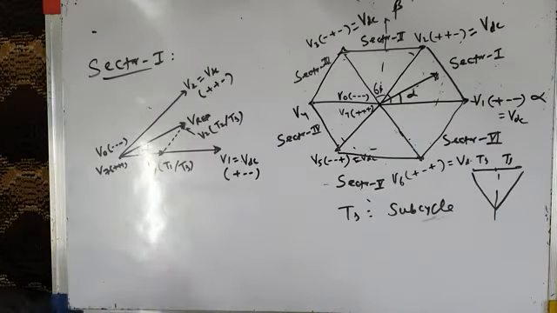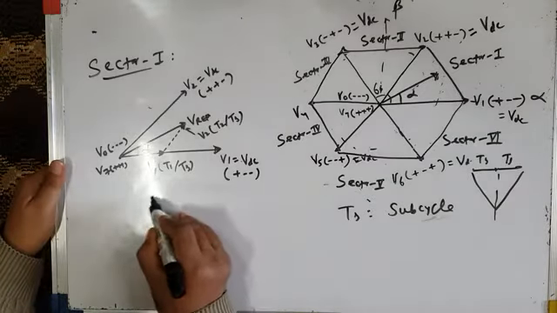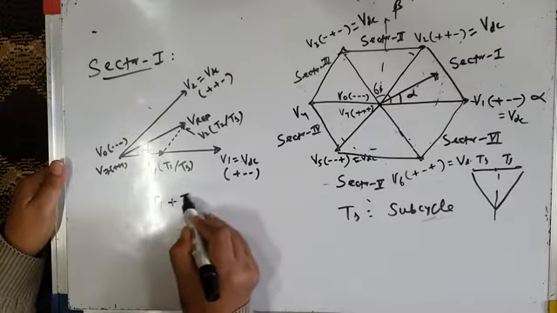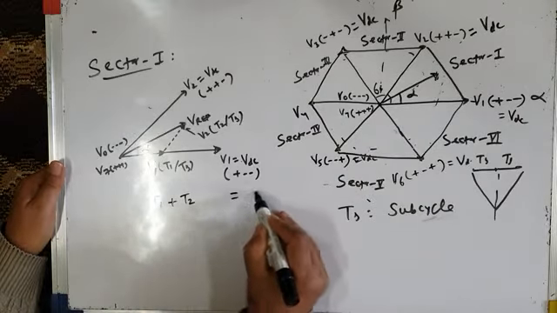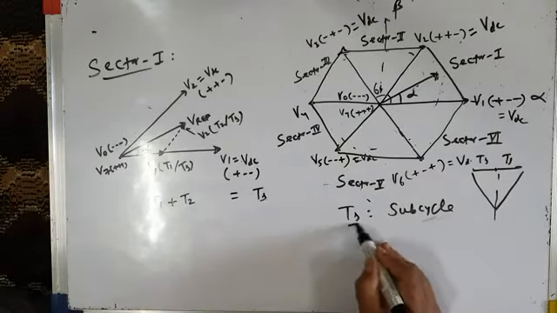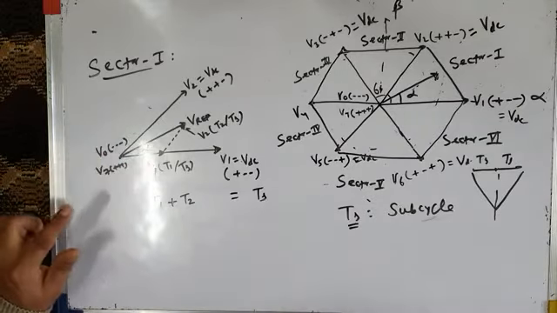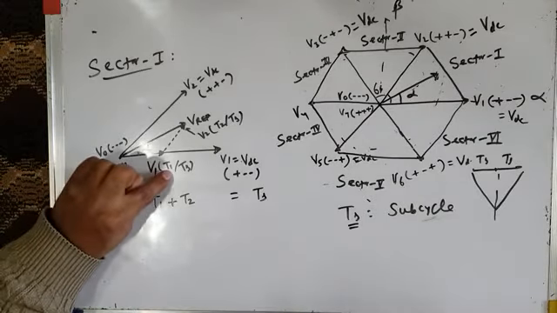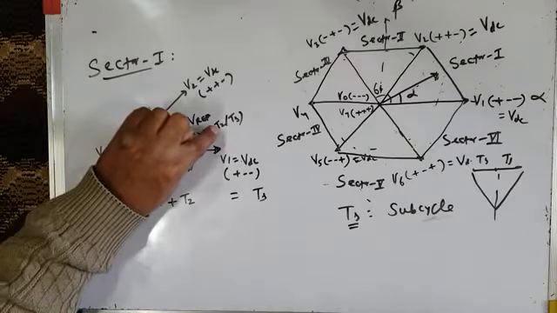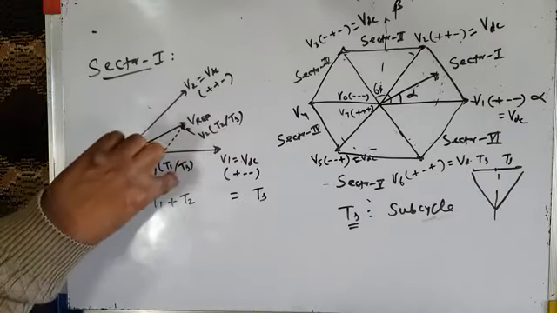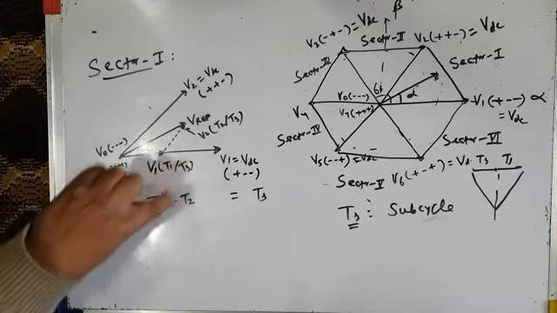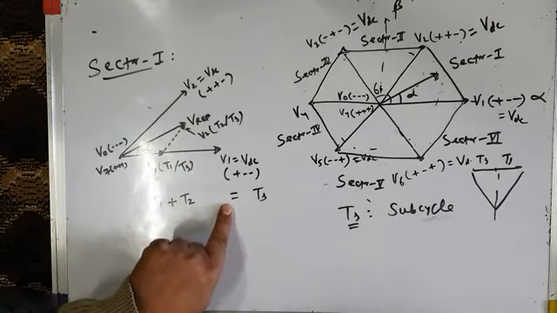Then if I add T1 plus T2, it should be equal to Ts, because what is the total time period for which these vectors are applied? V1 is applied for a period of T1, V2 is applied for a period of T2, in the time period of Ts. So T1 plus T2 should be equal to Ts.